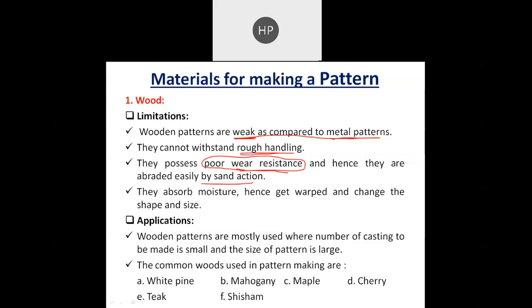They absorb moisture and hence get warped and change shape and size. As we know, wood has a property that it absorbs moisture and its shape and size change. We even feel that in monsoon our door is jammed. Why? Because the wood absorbs the moisture and its shape and size change.